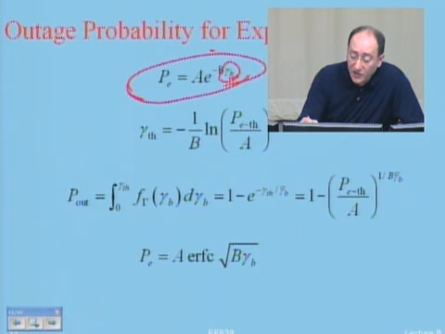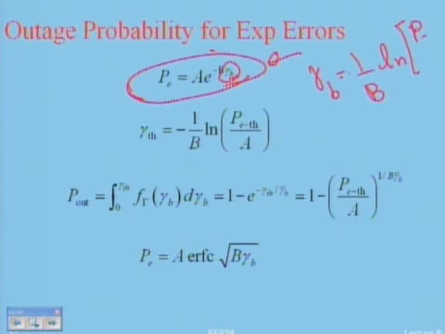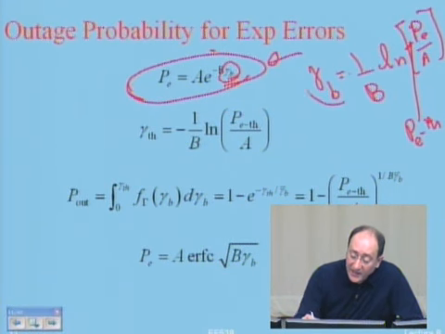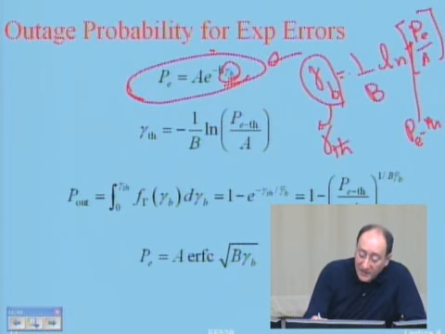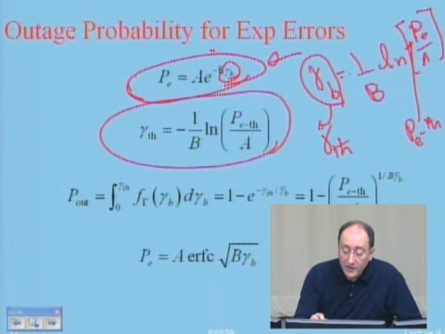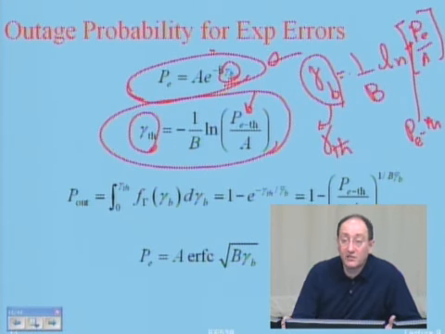If I invert this function, gamma sub b would be equal to 1 over b natural log of PE over A. The first step is that I take your probability of error, which was PE threshold, and put it inside here, and then the gamma b that I have would be my gamma threshold. And that's exactly what I have in here. This is how to calculate the threshold signal to noise ratio from the threshold error rate.